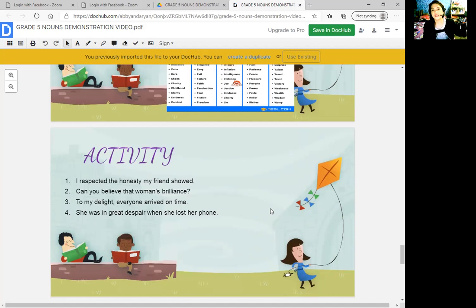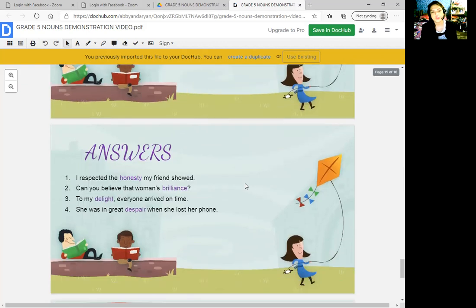She was in great despair when she lost her phone. Okay, so these are our four sentences, and I need you to write down on your piece of paper the abstract nouns in these sentences. Have your answers ready. I will reveal the answer in three, two, one.